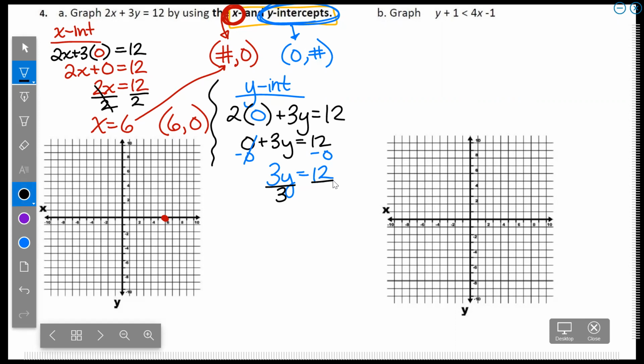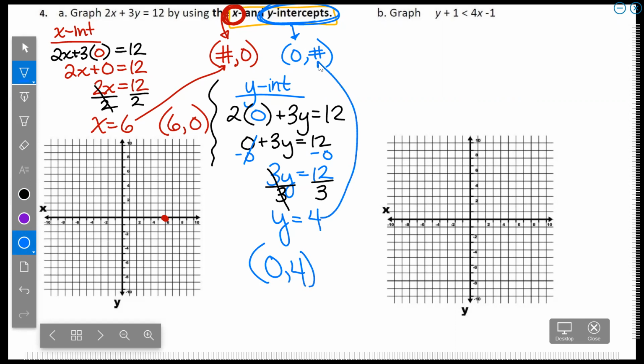So I'm going to divide both sides by 3. And I get that y is what? Y is 4. So at 0, 4, I'm going to put a point right here. And then how do I graph a line with those? Connect the dots.